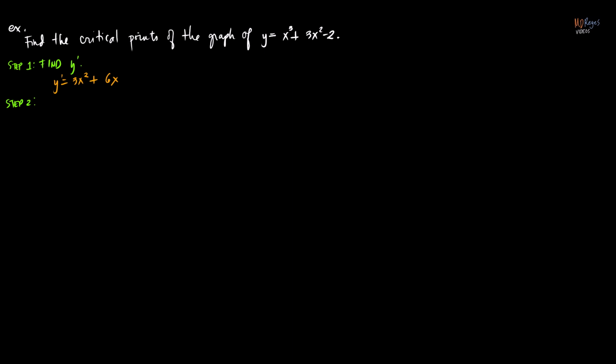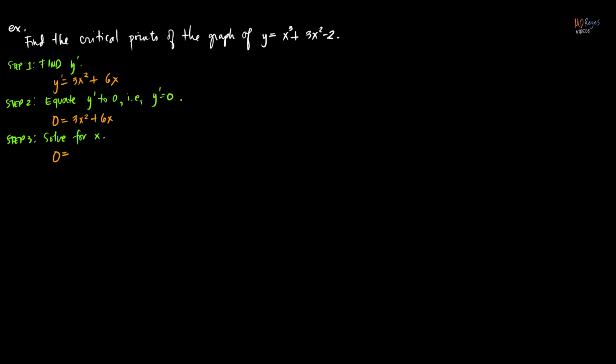The next step is to equate y prime to 0. So equating y prime to 0, we'll have 0 equals 3x squared plus 6x. And then we have obtained an equation in terms of x. The next step is to solve for x in the equation that we have found.